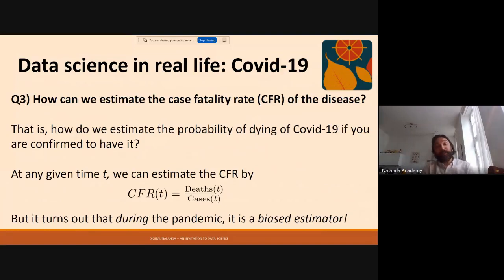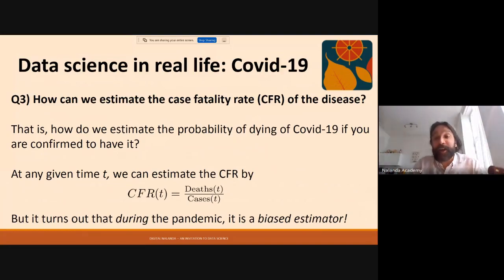Okay, so at any given time, the obvious thing to do would be to just take the number of people that are dead and divide it by the total number of cases. I mean, that's precisely what you mean by the case fatality rate. So of course, at the end of the epidemic, obviously that's the definition of the number, right?